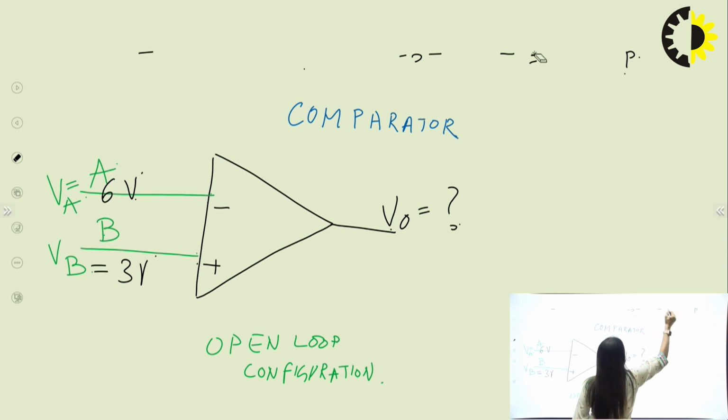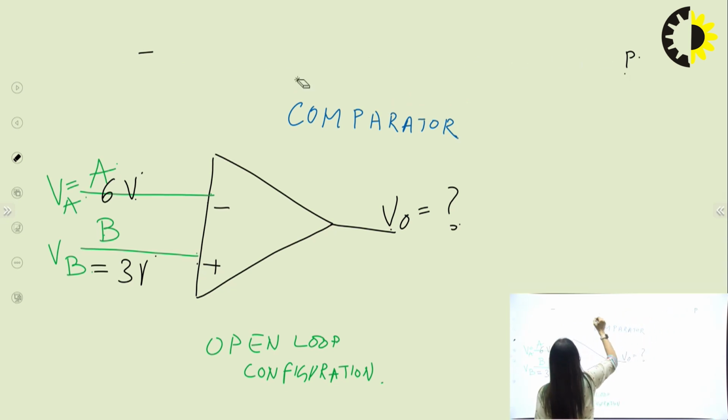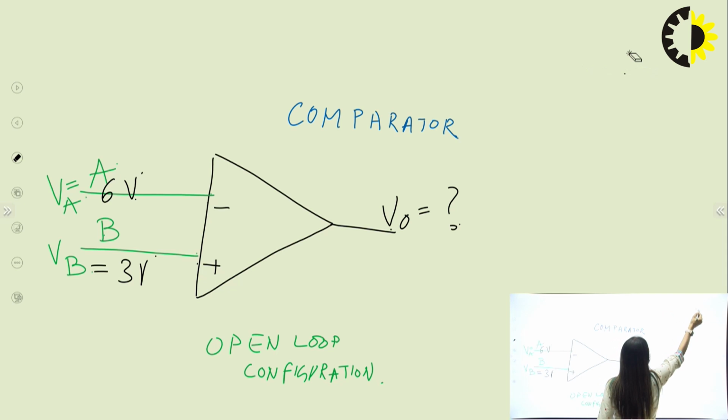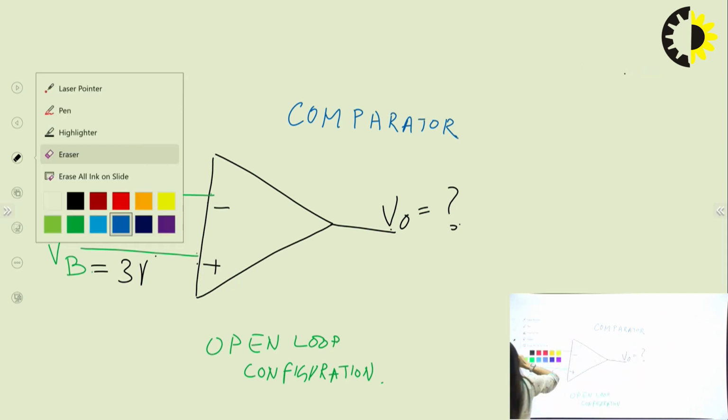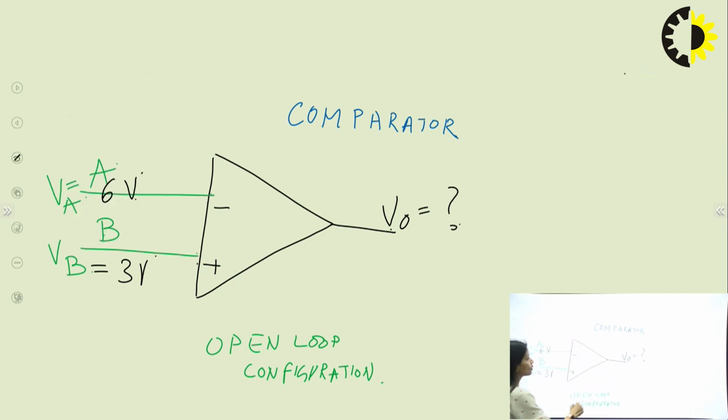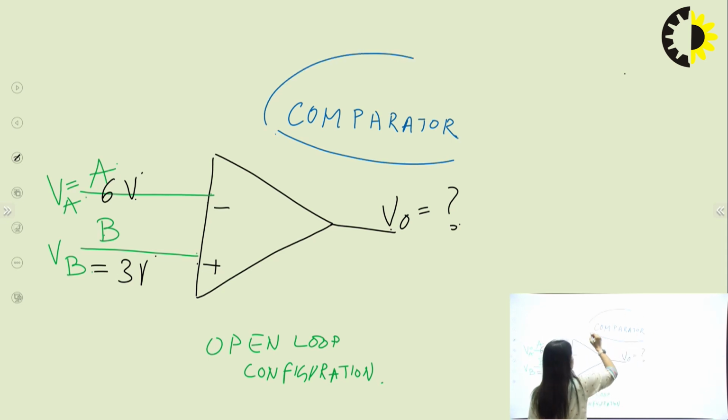Let us cut it so that there should be no confusion at all. OPAMP is working as a comparator in open loop configuration.